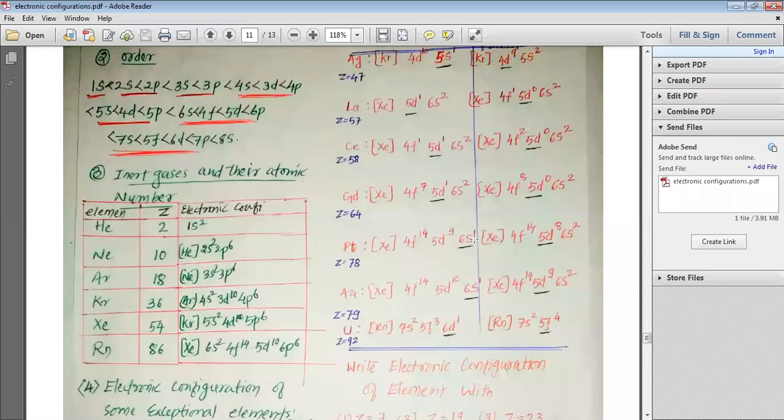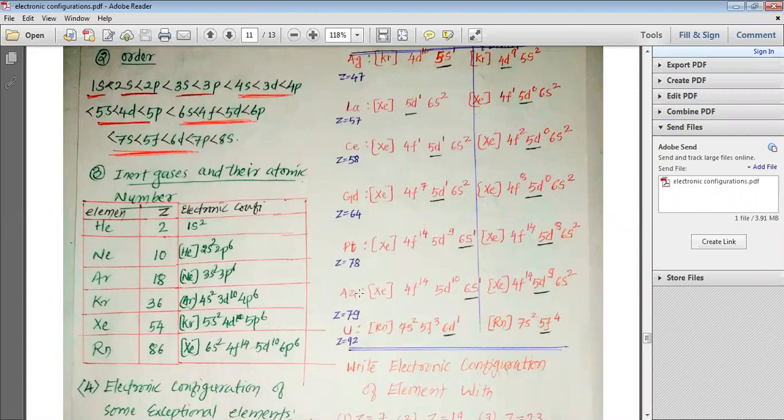Same way in platinum, the electronic configuration should be 4f14 5d8 6s2, but instead of 5d8, it becomes 5d9, and one electron from 6s goes to the 5d, and that is why the electronic configuration for Z equal to 78, platinum, is xenon 4f14 5d9 6s1.